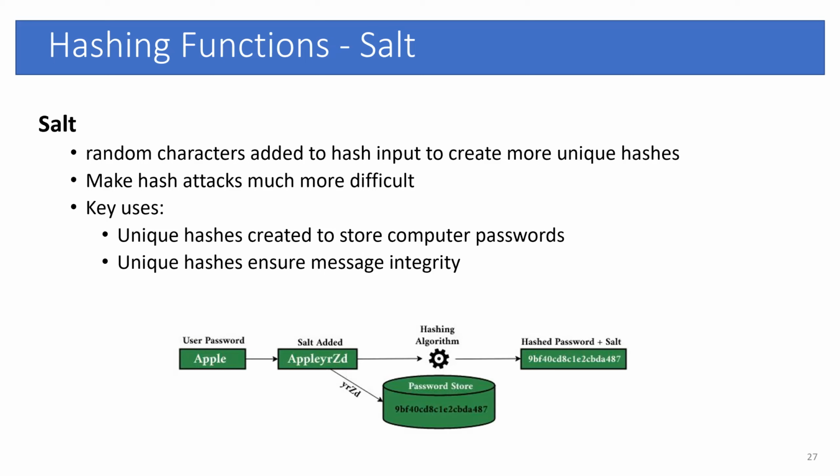By making the message input more complicated and more unpredictable, I store a hash that should be more unique. We don't want you to have the same hash as somebody else who's using the password Apple. So we're trying to make the input data more random, more unique. So salt is a way to make a hash more unique, more random. It is put in before you create the hash, not after, before you run the algorithm.